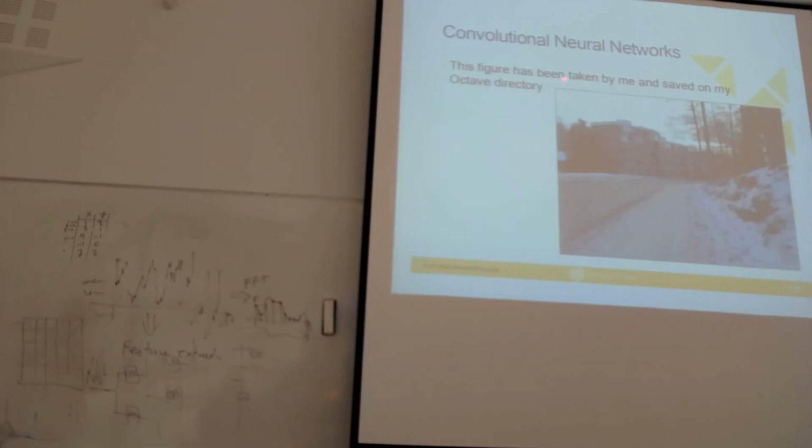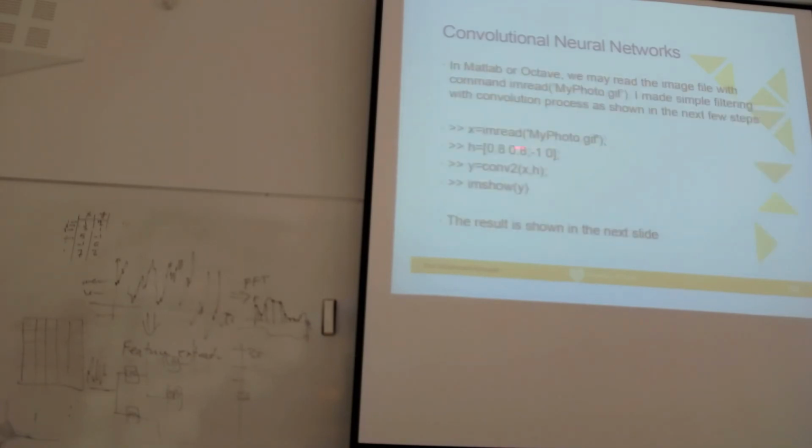I took this image myself, read it using Octave, and made a convolution between this image and a certain impulse response. You can read an image by this command, imread, in Octave and also in MATLAB. I read my photo, and then just randomly I put h as 0.8, 0.8, minus 1, 0.